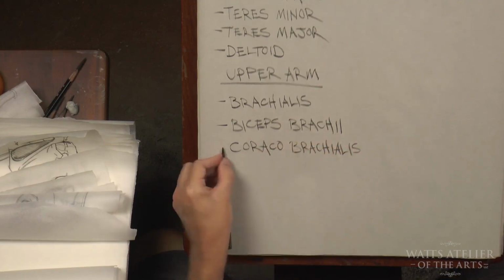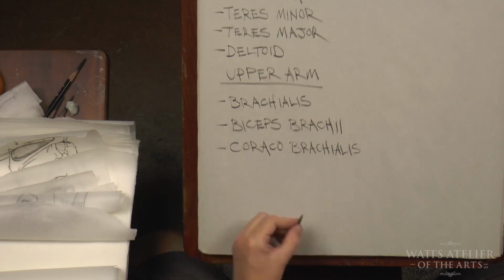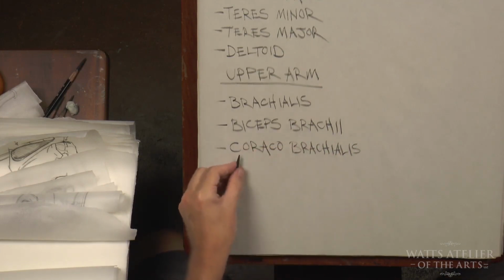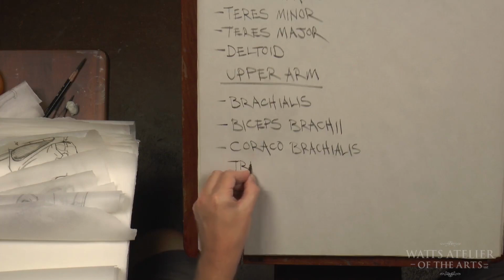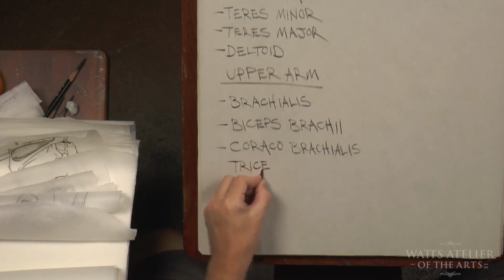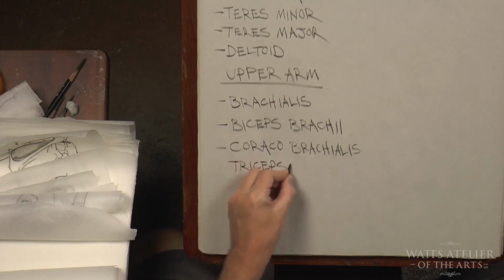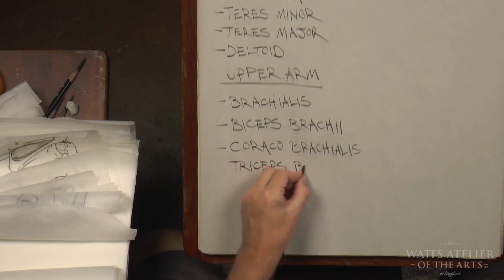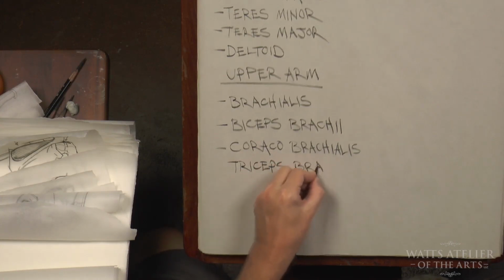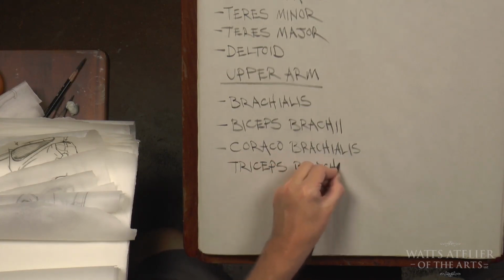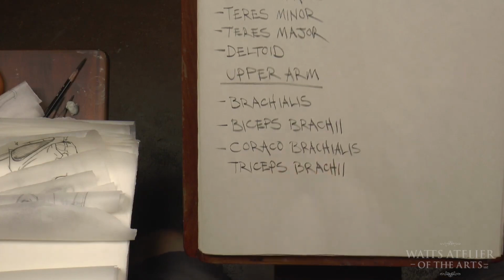I know not a lot of our classes come with written portions, but I actually do recommend writing stuff out at least once. Boom, there we go. We got our upper arm muscles, right?